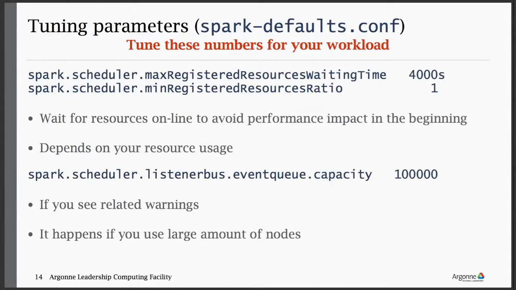Another thing is that currently we use the simple standalone Spark scheduler cluster manager instead of additional things. The default is that whatever application gets started, whatever resources get registered, it will just start running.